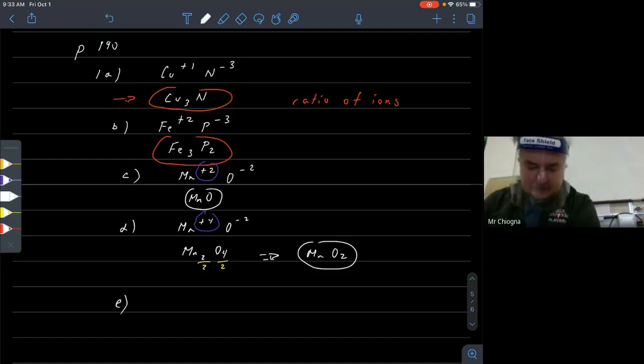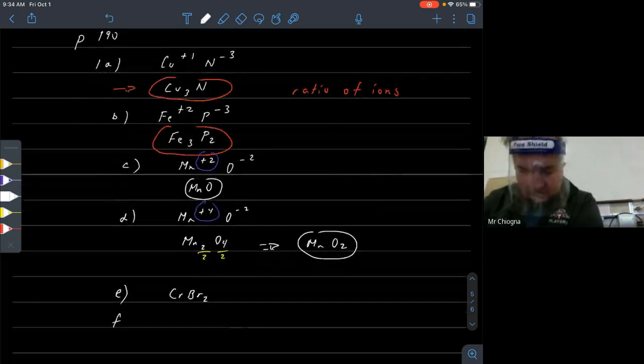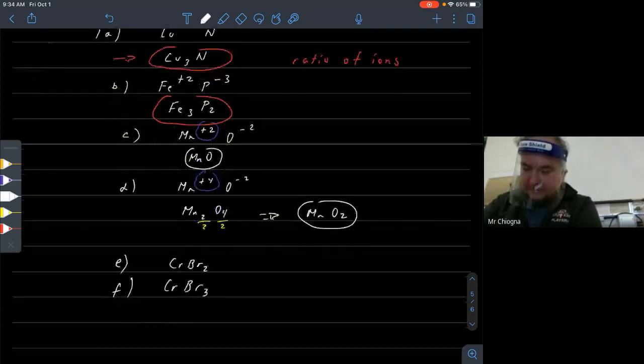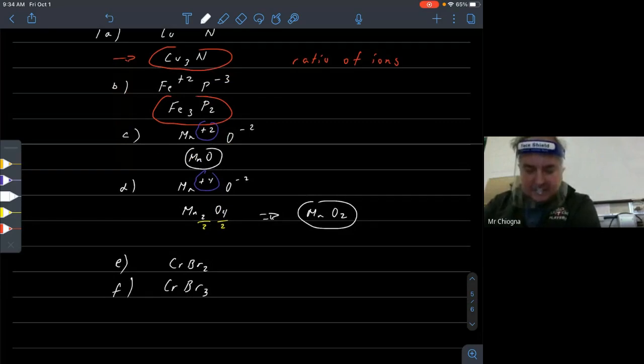E. Chromium 2 bromide, I'll just give you, it's CrBr2. Compared to chromium 3 bromide, which is CrBr3. Lead 4 chloride, PbCl4.